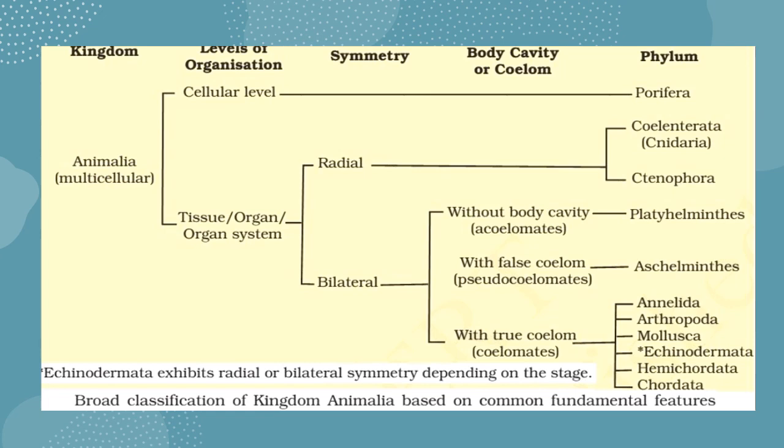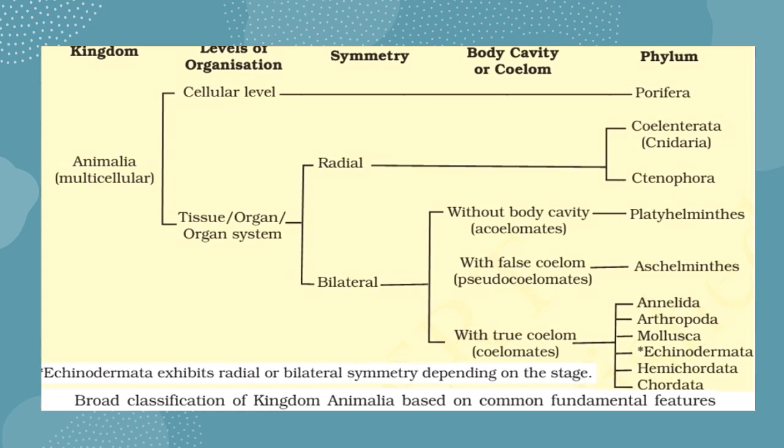So now when we talk about the level of organization, what is the level of organization? We studied in 7th standard that different organisms have different levels of organization. We studied that every living being is made from a small single cell. Every living being starts its life as a single cell.